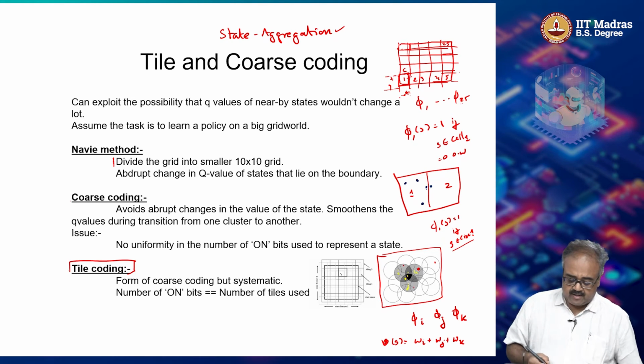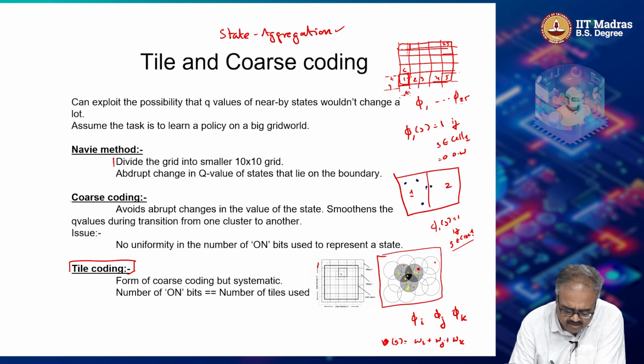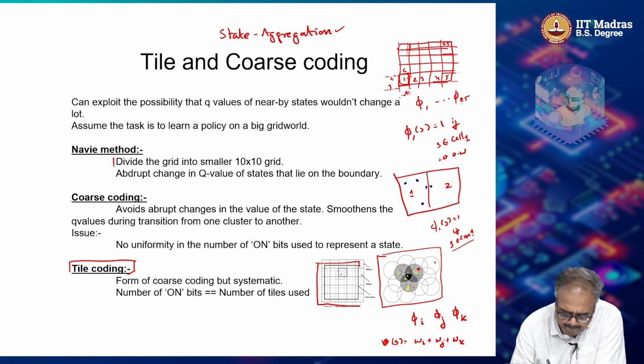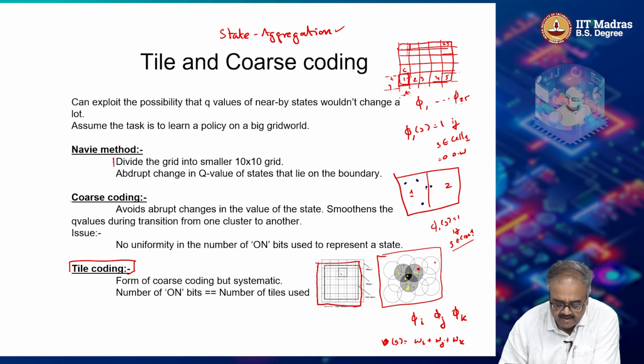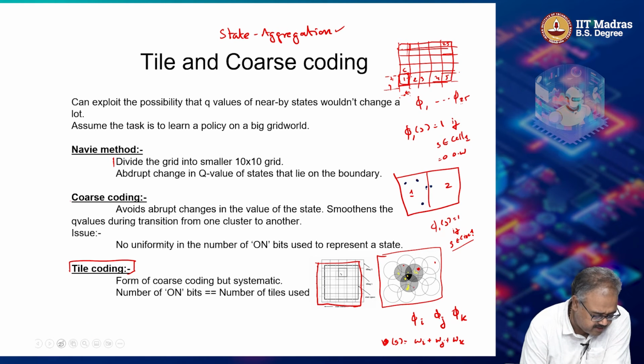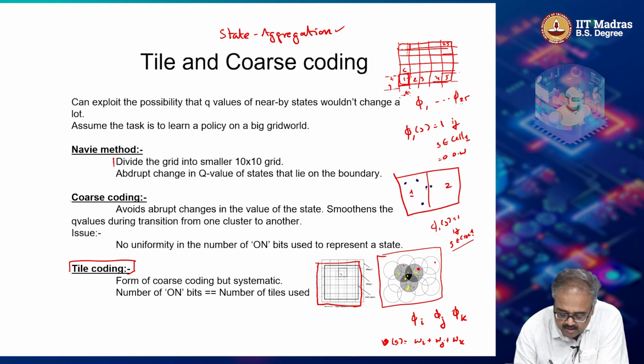So the idea behind tile coding is the following. So there are 3 different colors here. I'm not sure if you can see it, so let me just draw it out. So the green is the actual state space.